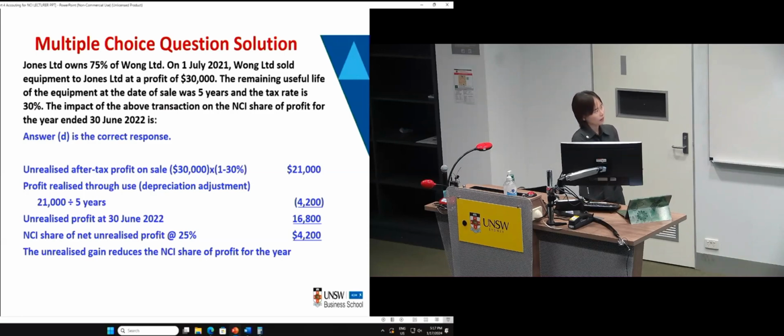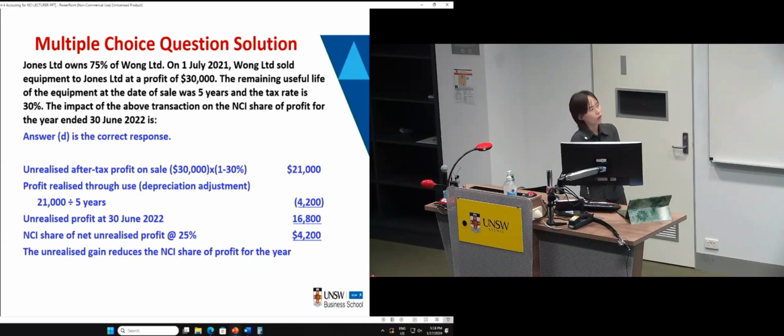Now, immediately after transfer, the total unrealized profit after tax is 21,000. Now, 4,200 is realized in the current year because at the end of the current year, you need to adjust 1 year depreciation. And through depreciation adjustment, part of this profit will become realized, right?